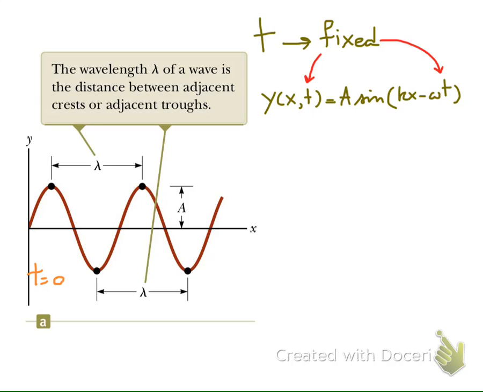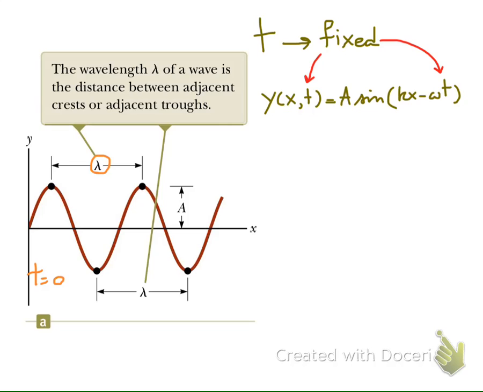We can see that the curve repeats itself at a certain distance, lambda, here. If you start at this point and follow the curve, it will come back to the same displacement, and this distance we call lambda.